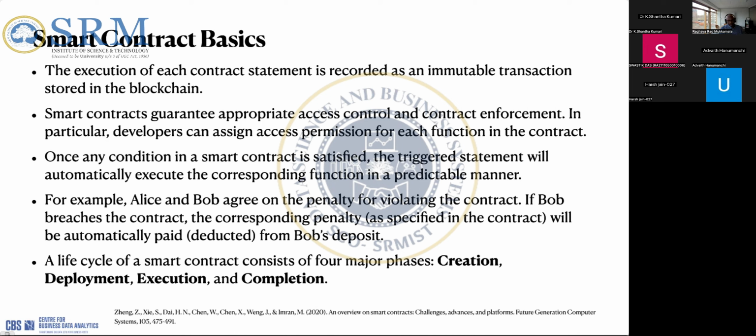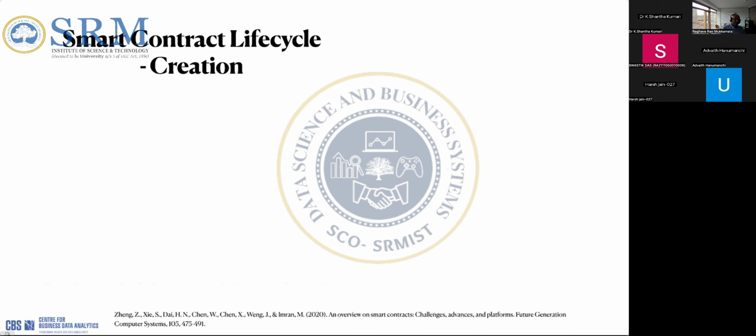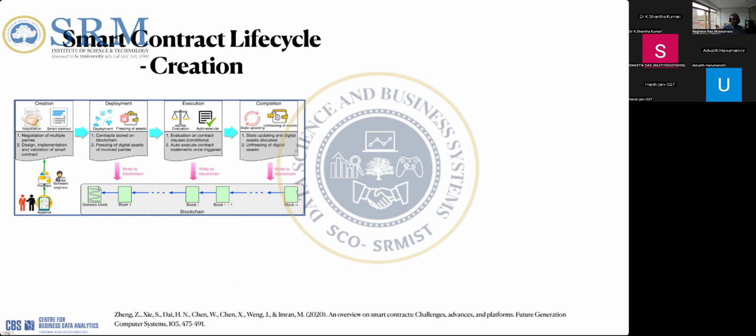When we look into the life cycle of a smart contract, there are 4 stages: creation, deployment, execution, and completion. Let us see what happens in each stage. This is the overview of the 4 life cycle stages of a smart contract. We have the creation stage, where a lot of negotiation happens, and then the deployment stage.